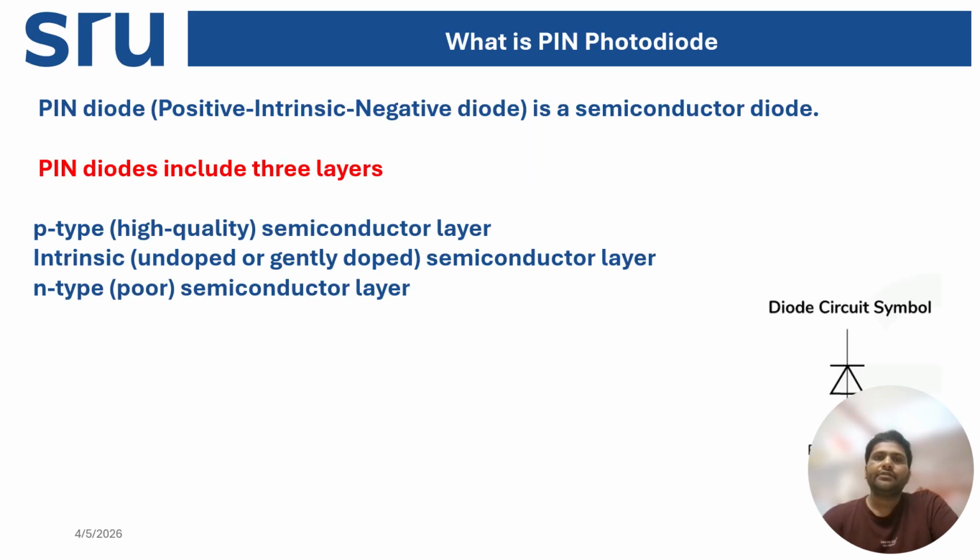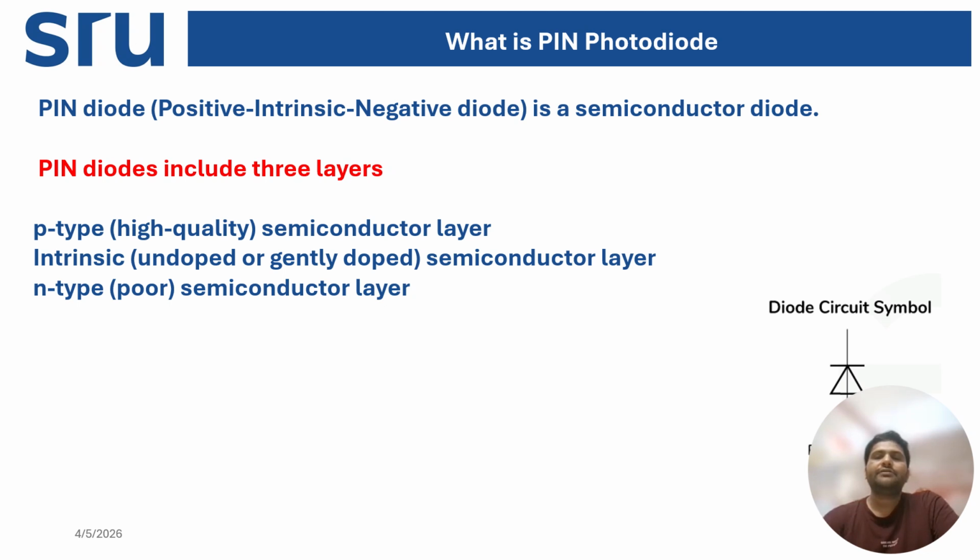So I am going to explain a very important optoelectronics device known as the PIN photodiode. A photodiode is a semiconductor device that converts light energy into electrical current.